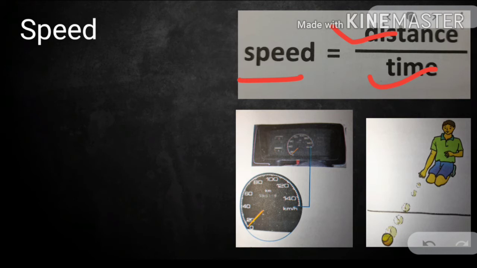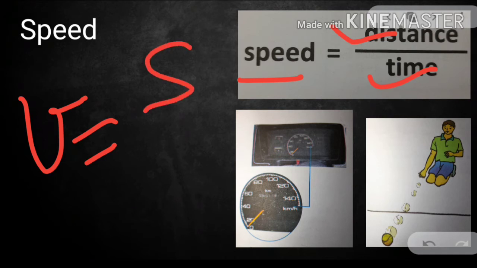So if a body covers a distance s in time t, then its speed is given by v equals s over t, where v means the velocity, it means the speed. Now here there are some instruments that are used to measure the speed.